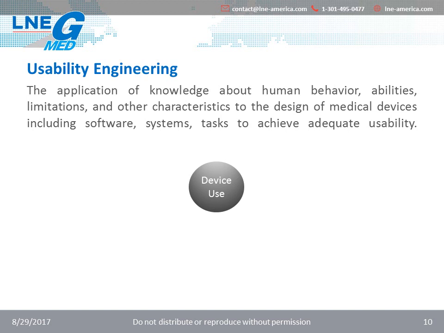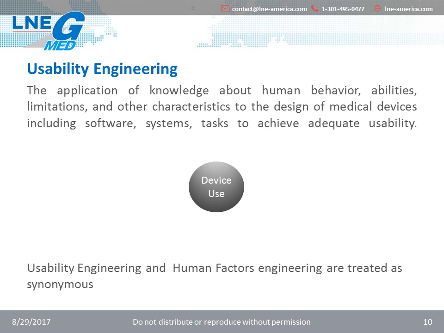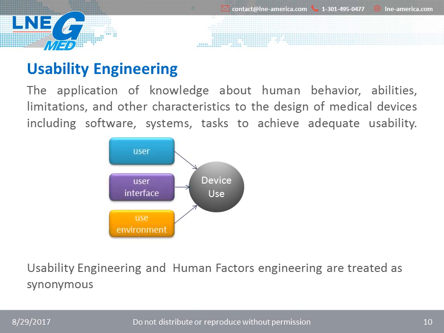Please note that the terms usability engineering and human factors engineering are treated synonymously by usability standards. Now, three major elements of usability engineering are the user, user interface, and use environment. The interaction of these three elements with the device in use results in either safe and effective use, or correct use, or unsafe or ineffective use, or use error.